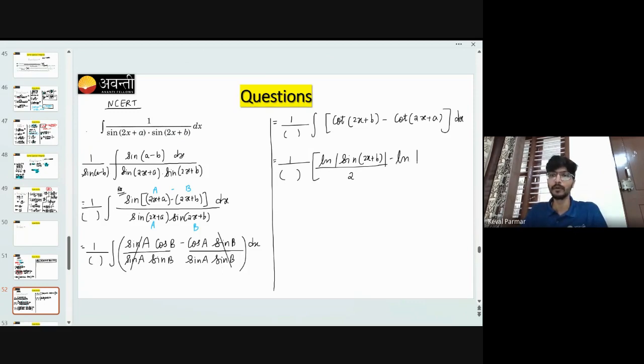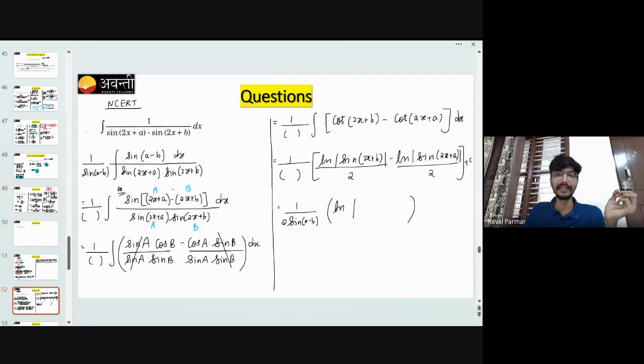Minus ln mod sin(2x plus a) upon 2, plus c. Now I can take this 2 outside, so I'll get 1 upon 2 sin(a minus b). Inside what is left is ln minus ln, so I can use the property of log.